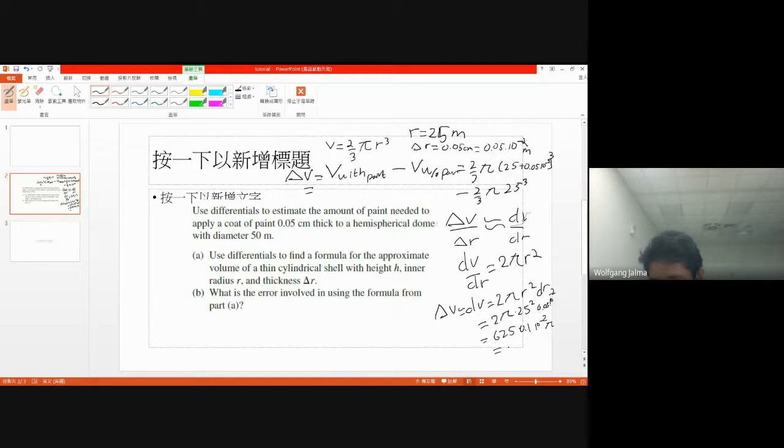So it's like 0.625 pi. What is the unit? It is volume, right? So the unit is meter cubic.